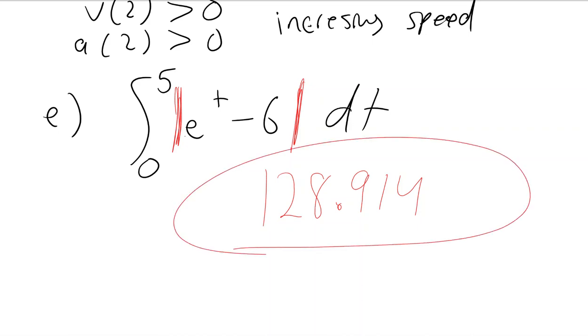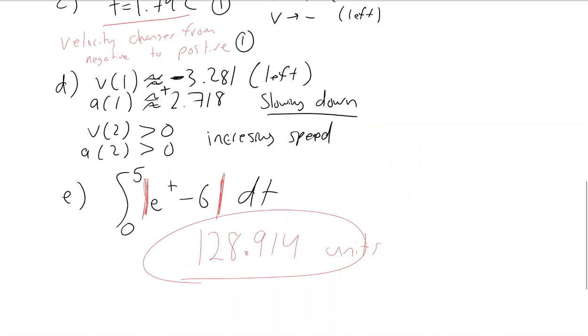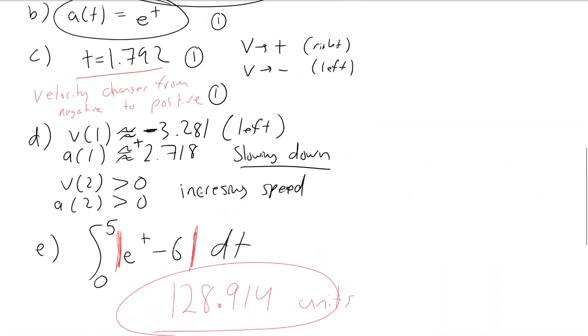I don't know. They didn't give us any units, so I guess we just say units. They didn't give us units of any of this, but oh yeah, they did. They gave us seconds, I guess. So in part C, I'd probably go back and add seconds.